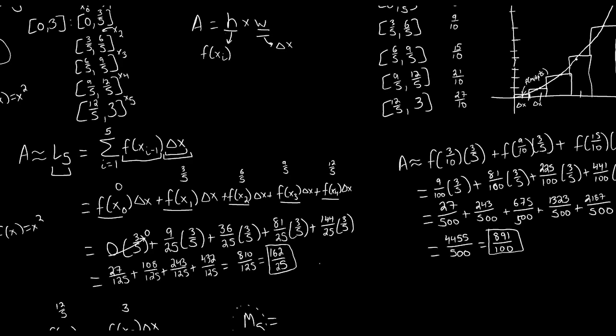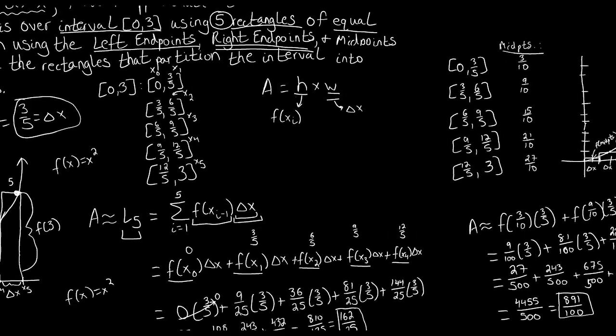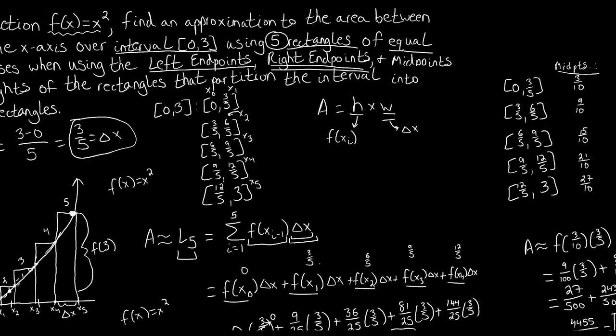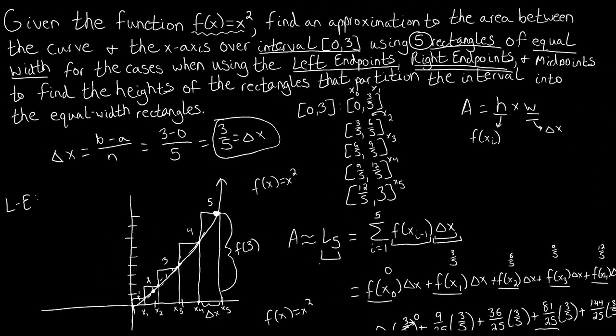So just as a little bit of a recap, when we talk about finding the area between a curve and the x-axis by using rectangles, we have to figure out what our delta x factor is, or the width of our rectangles, and then use that to figure out what our left and right endpoints are, and then also in a way to figure out what our midpoints are, because if we wanted to, we could have just cut this delta x in half to figure out what our midpoints were, but by keeping this delta x preserved, we could still use it as our delta x inside of our calculations.